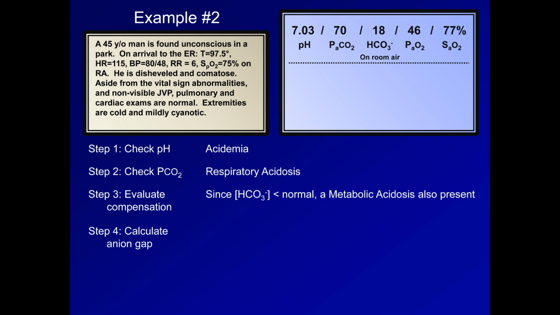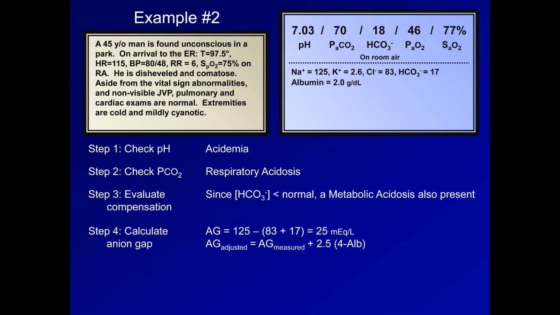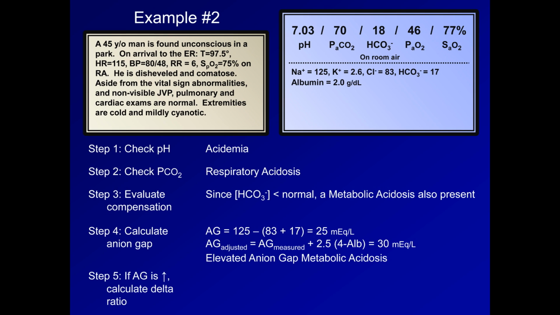Step 4. Calculate the anion gap. Here are the patient's electrolytes, which gives us an anion gap of 25. We then see the patient's albumin is 2. As a consequence, our anion gap is adjusted upward to 30. So this patient's metabolic acidosis is an elevated gap acidosis. Step 5, calculate the delta ratio.